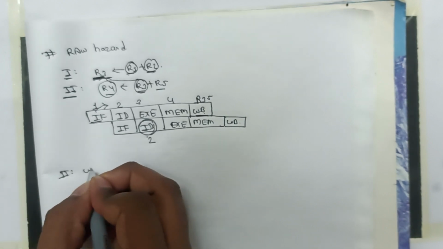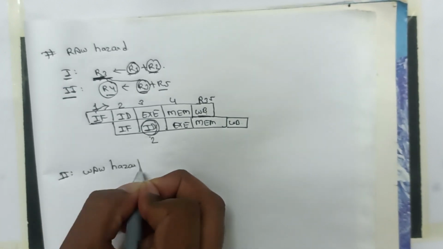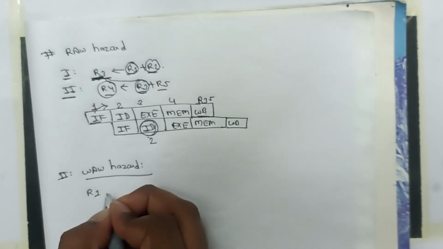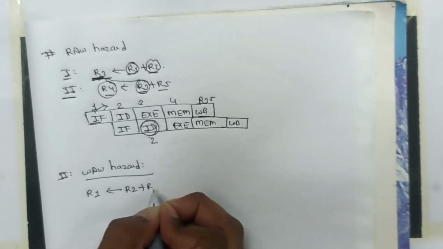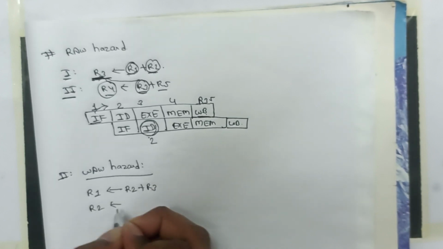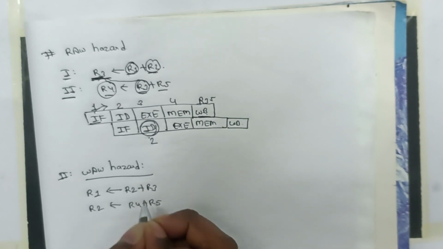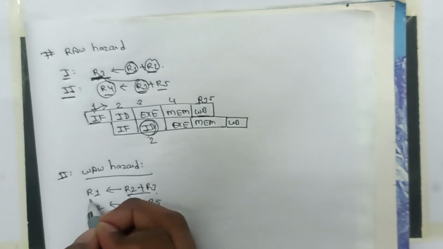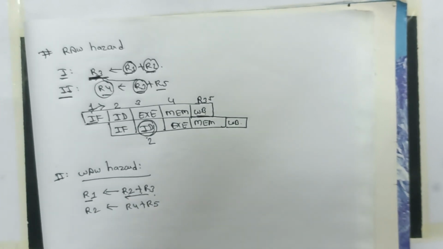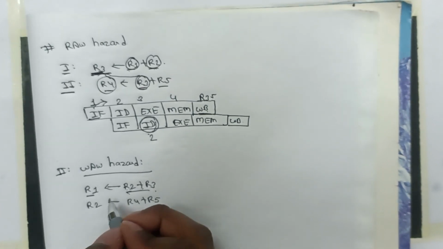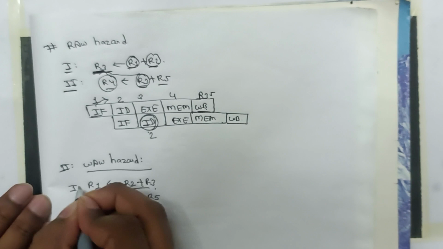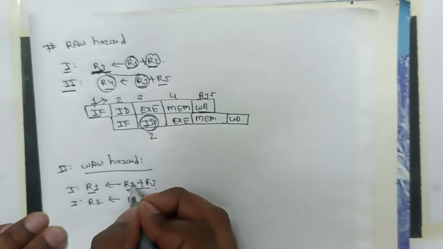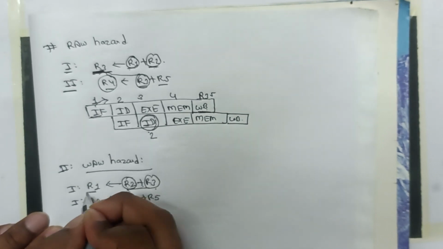Second one is the WAW hazard. What is write after write? Let's see: R1 = R2 plus R3, then R2 = R4 plus R5, left to right. R2 is added with R3 and stored in R1. As per the instruction ordering, instruction 1 reads the data of R2 and R3 and stores it in R1.